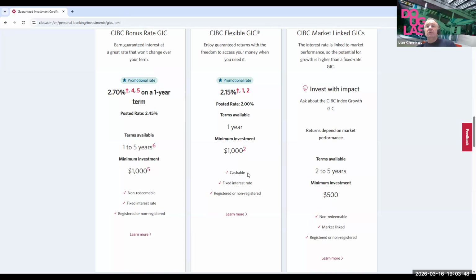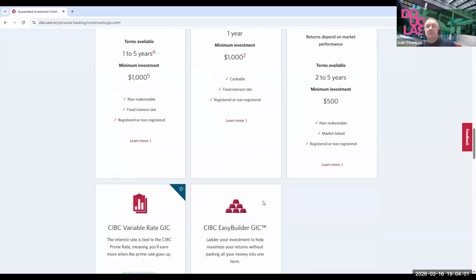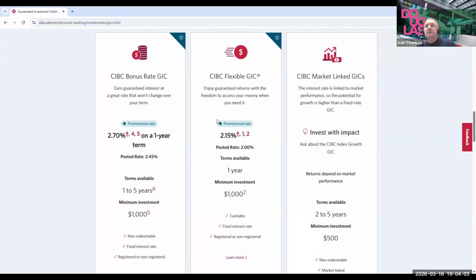Anytime when you need the money, you can close this GIC and you're not losing the interest. On the contrary, you're still getting the interest up to the point at which you get the money back. So that will be considered cash. If your company keeps the cash in the flexible GIC, which is cashable at any point, that will be considered cash.